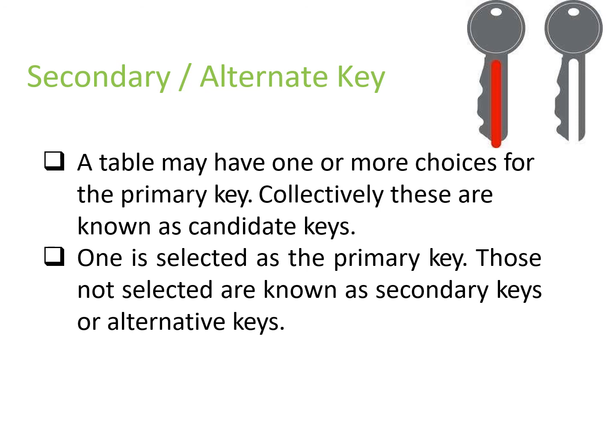So these are candidates basically. They are all fighting for one post, and that post is primary key. So that's why they are known as candidate keys. One is selected as the primary key. Those not selected are known as secondary keys or alternative keys.